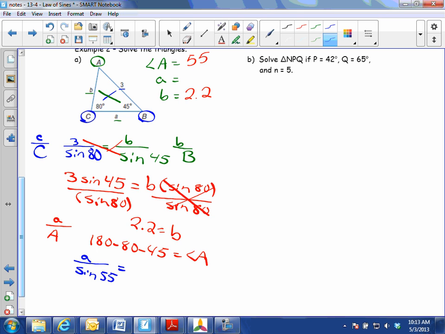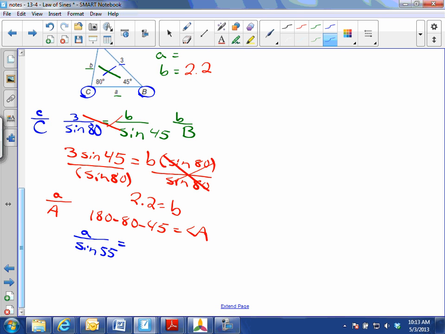And I'm going to set it equal, and I could use either this or this, since we figured out what B is. I would use this because if I use B, then it's already being rounded, and I don't want to do that. So I'm going to use C over C. So 3 over sine of 80. So this is little side C over angle C.